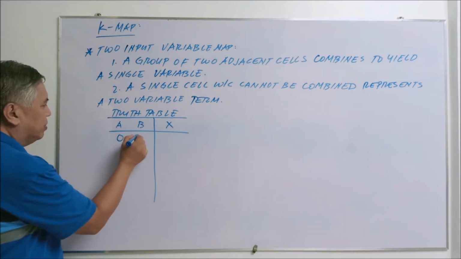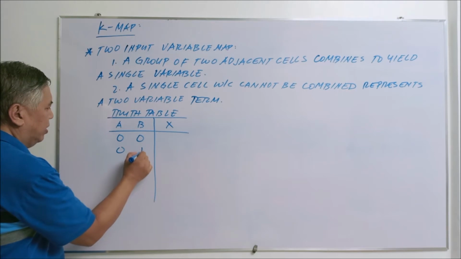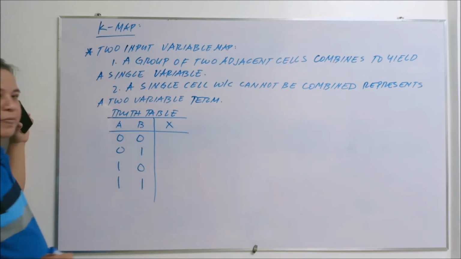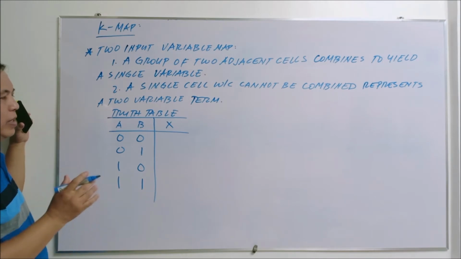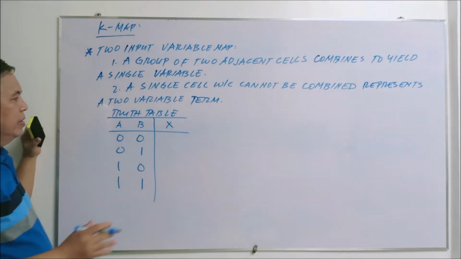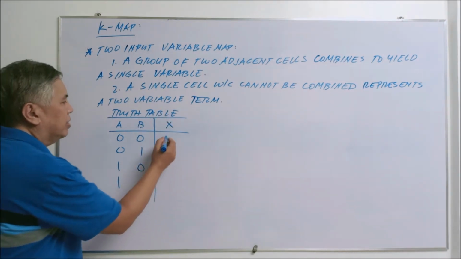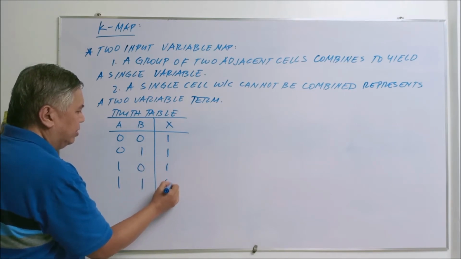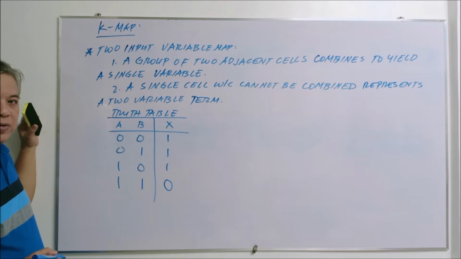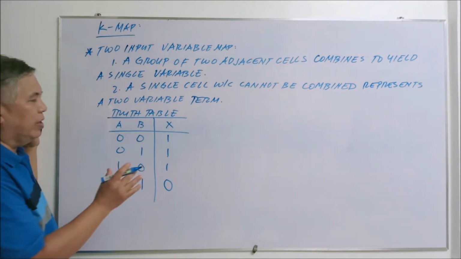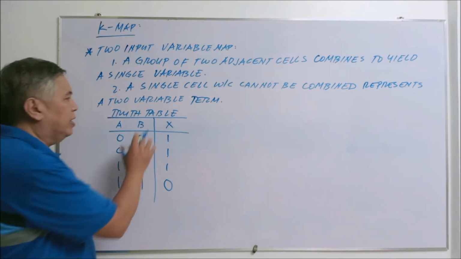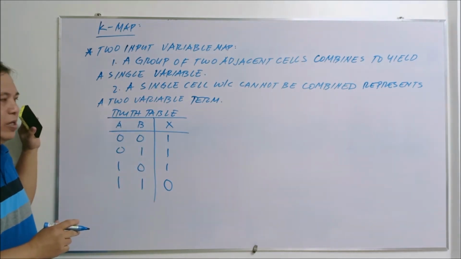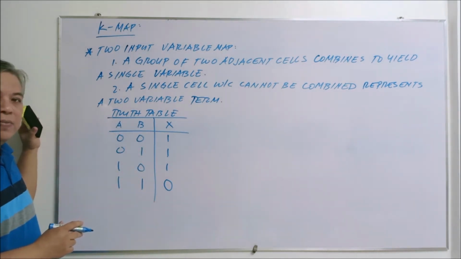You have 0 0, 0 1, 1 0, and 1 1. Let's say from a particular problem, the output X here is 1, 1, 1, and this one here is 0. So how do we obtain the simplified logical circuit that would represent this particular table?